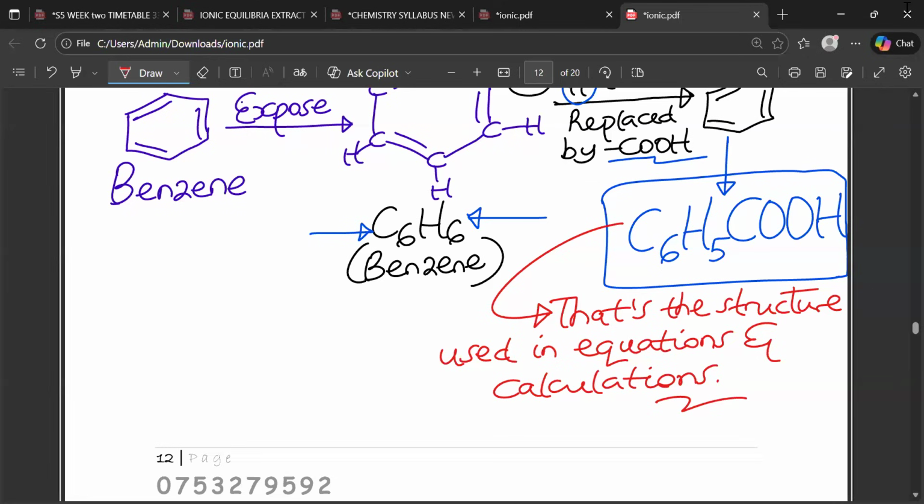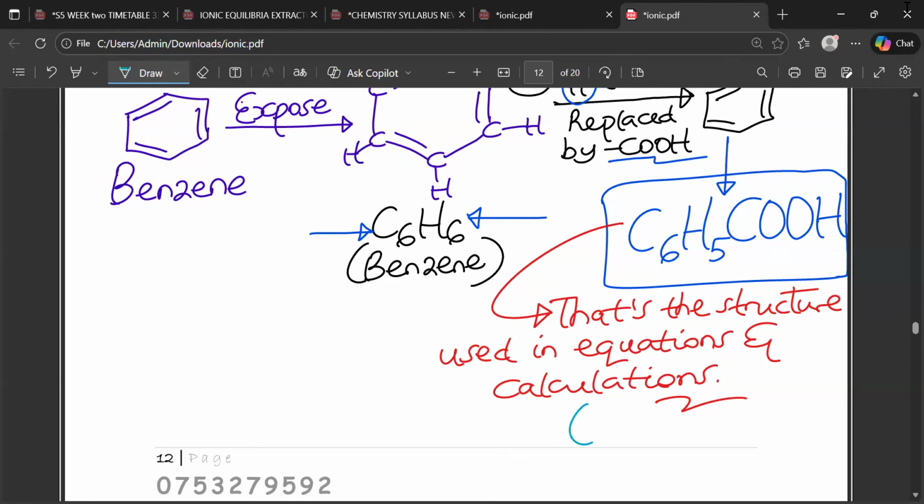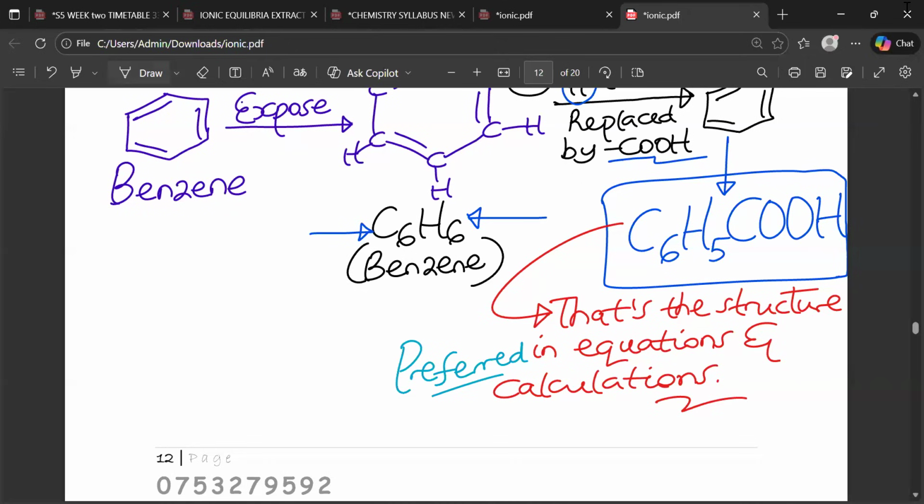It is preferred. Let me use preferred because when I say use, people may be like, hey, what you mean the other one is wrong? It's not wrong. But this one is preferred. So I've not said the other one is wrong, but this one is preferred.